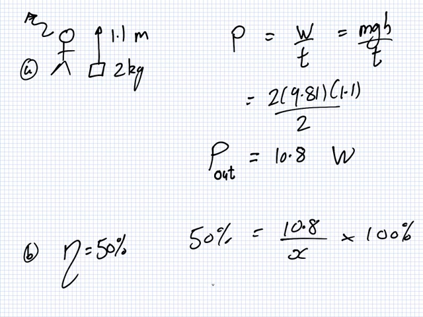So that means x, which is the input, is 20.6, isn't it? No? Yes, 20.6. Oh, yeah, sorry. 21.6. Trust me.